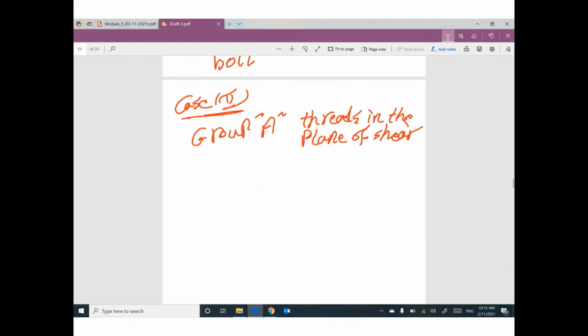Okay, we have to start. What is the design strength of one bolt? 0.75 Fnv times the area of the bolt. We have only one single shear.